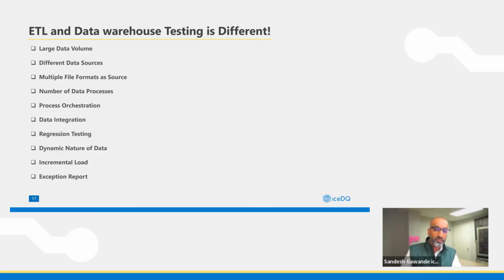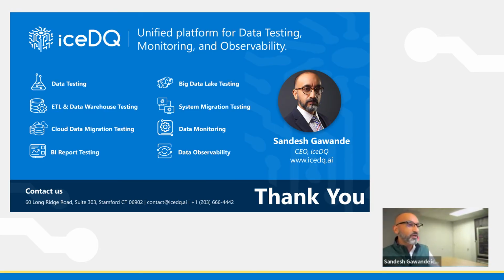Initially there are millions of records in the system, but the new records that were introduced are only 100. How do you deal with it? And then you need some kind of method to look at these exceptions, because without being able to see exactly where the exception occurred, you cannot test the system. You cannot take corrective action.